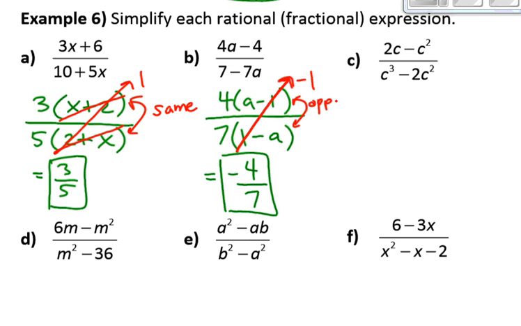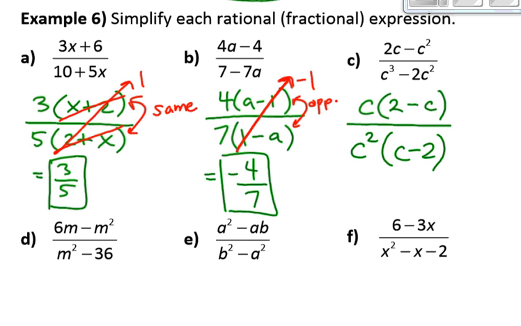Okay? So for part C, let's try again. 2c minus c squared. There's a c in common, so we factor out a c, leaving us with 2 minus c. In the denominator, we have c cubed minus 2c squared. c squared is in common, and then you're left with c minus 2. Again, 2 minus c and c minus 2 are opposites, so when we cancel those out, I want you to show that becomes a negative 1.